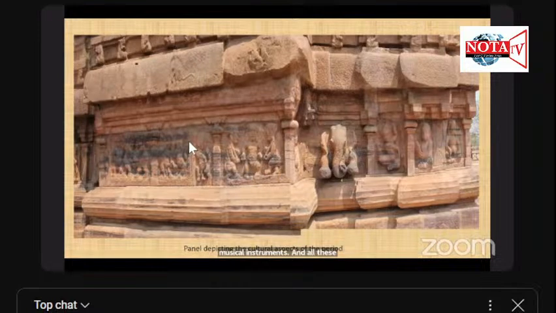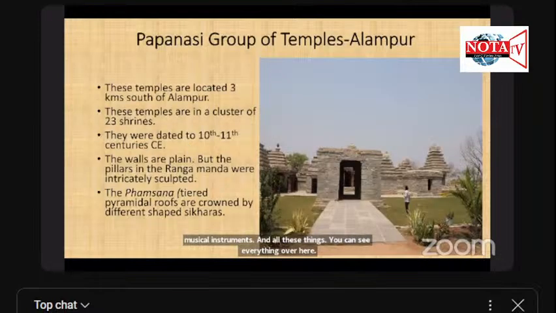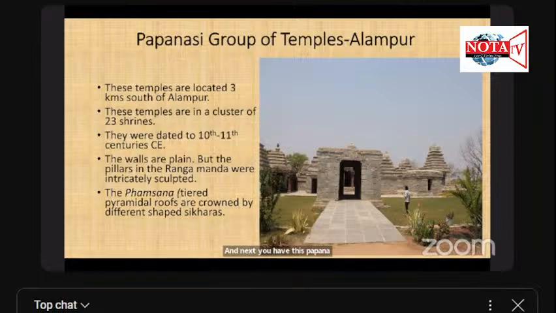And next you have this Papanasi group of temples. These you find at Alampur, 3 kilometers south of Alampur. There are 23 shrines, so you can see it's a cluster of temples. There are 23 small shrines here.